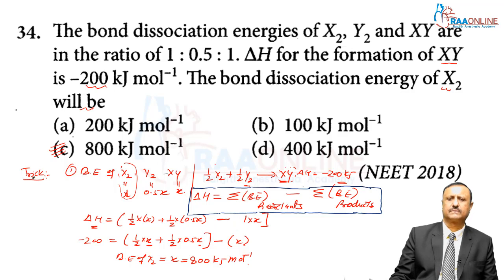So my dear students, you can get the delta H when we put the bond enthalpy of reactants minus bond enthalpy of product.